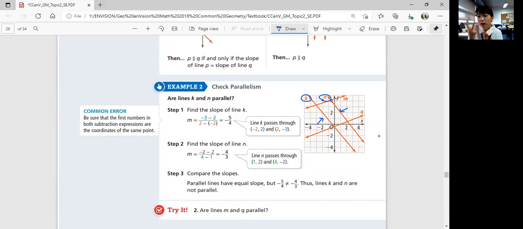So if you have 2 points that you can pick out from the line, you can subtract the y values over the difference of the x values, and that would be your slope of the line. In this example, they picked (-2, 2) and (2, -3) because those points look like they fall exactly on the intersection of the grid, right?